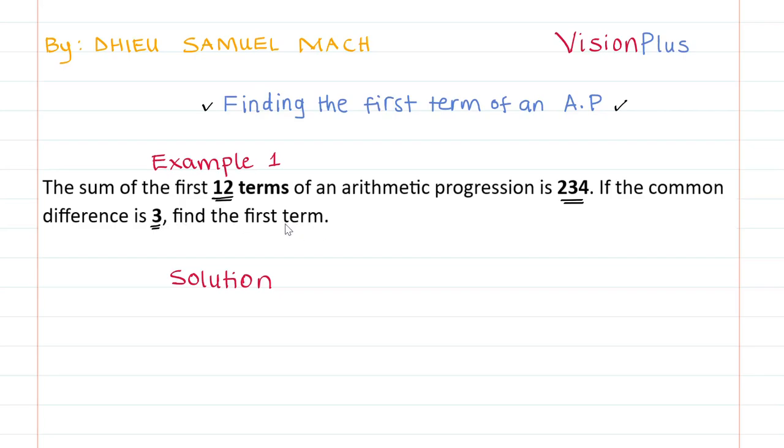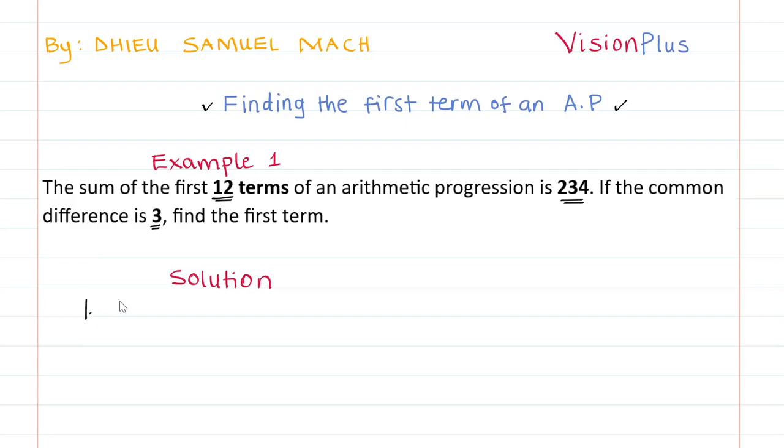So we are given the sum of the first 12 terms and we are given the common difference. Now the question says find the first term. What is the formula for getting the sum of n terms? There are two formulas.